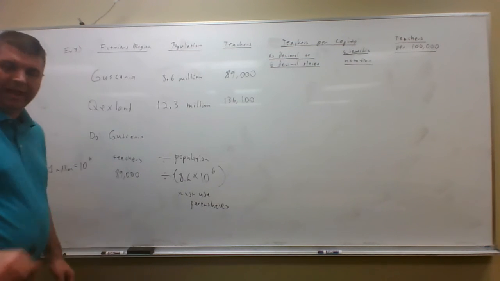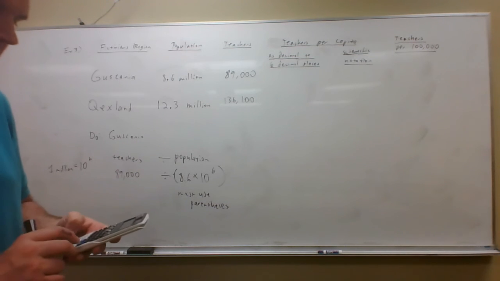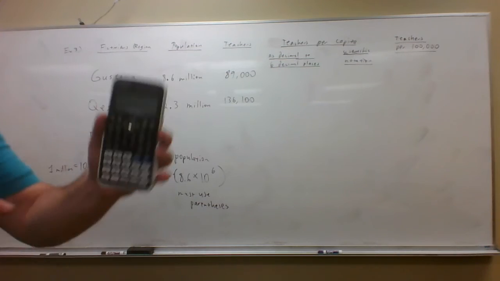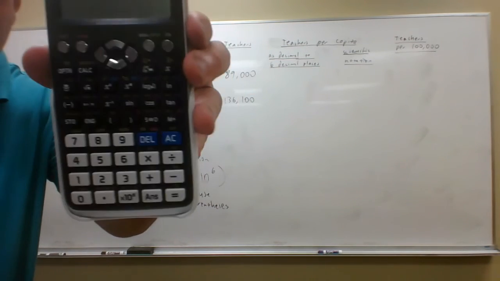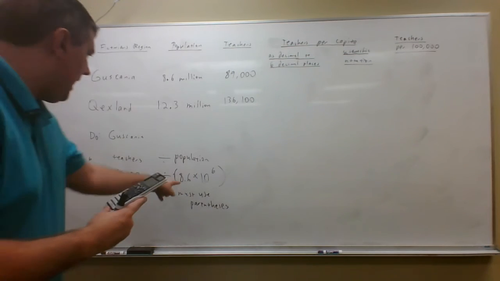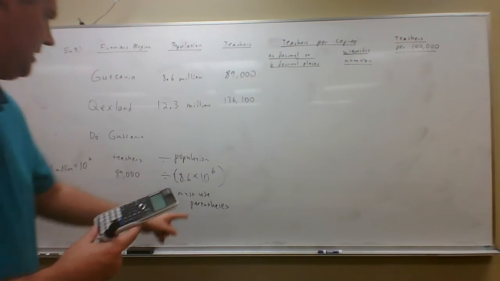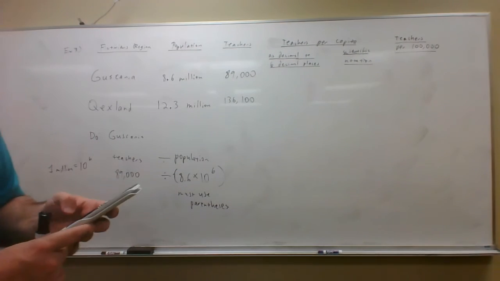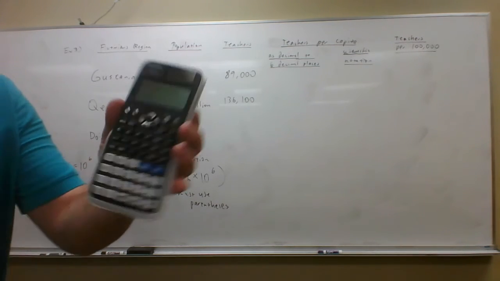On my calculator, I type in 89,000 divided by, I hit the open parenthesis button, 8.6 times 10, my generic exponent button, and then I have a 6 in the exponent, like so.